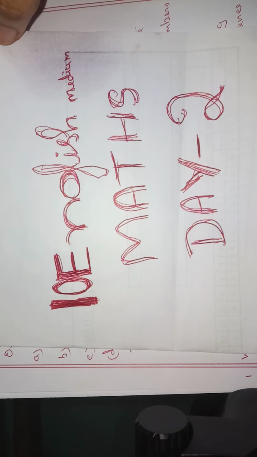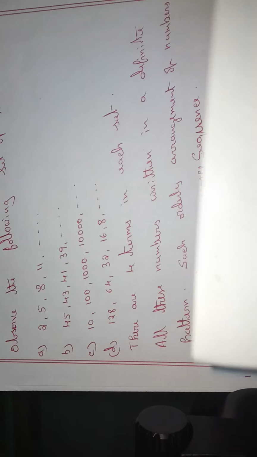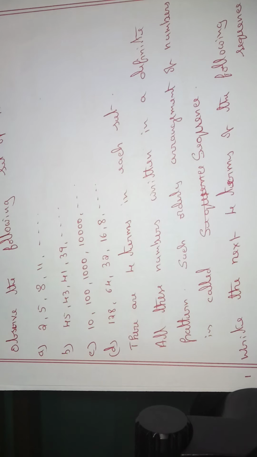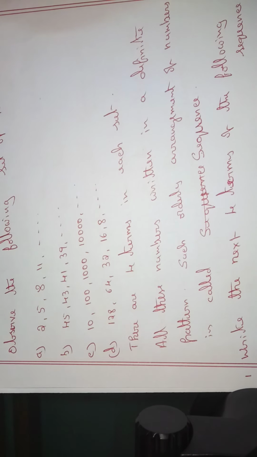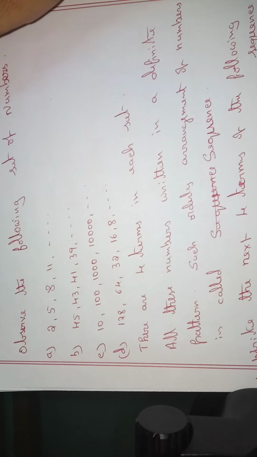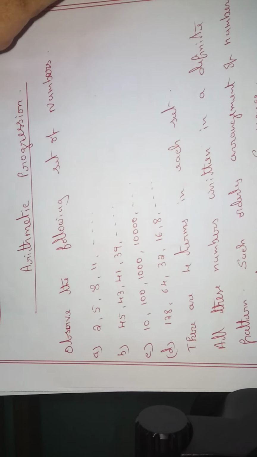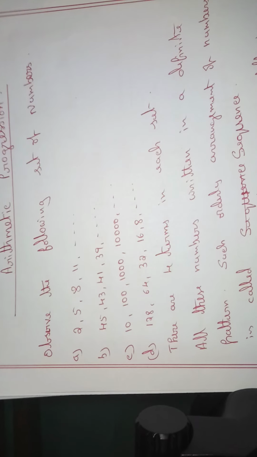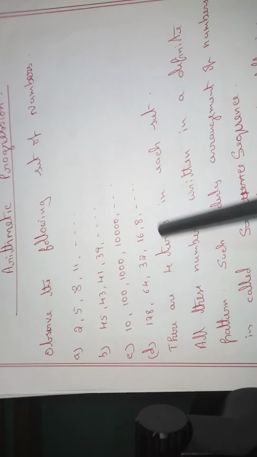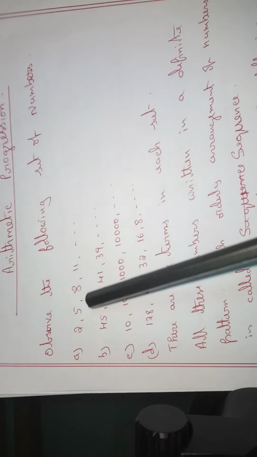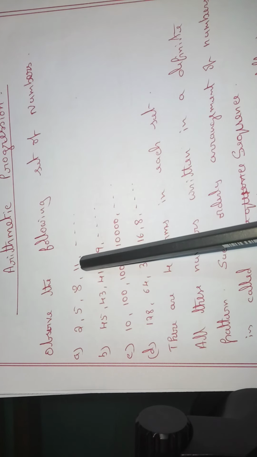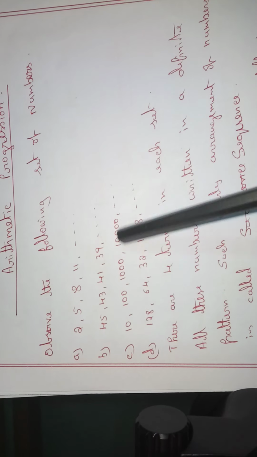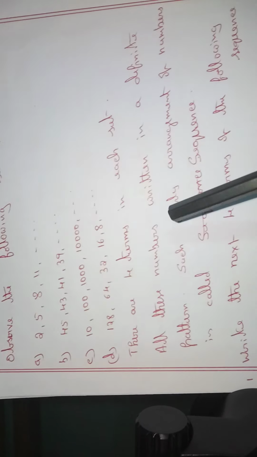Now let us come to our topic. Yesterday we started our lesson arithmetic progression. We saw 4 sets of numbers. There exists a definite relation between these numbers.